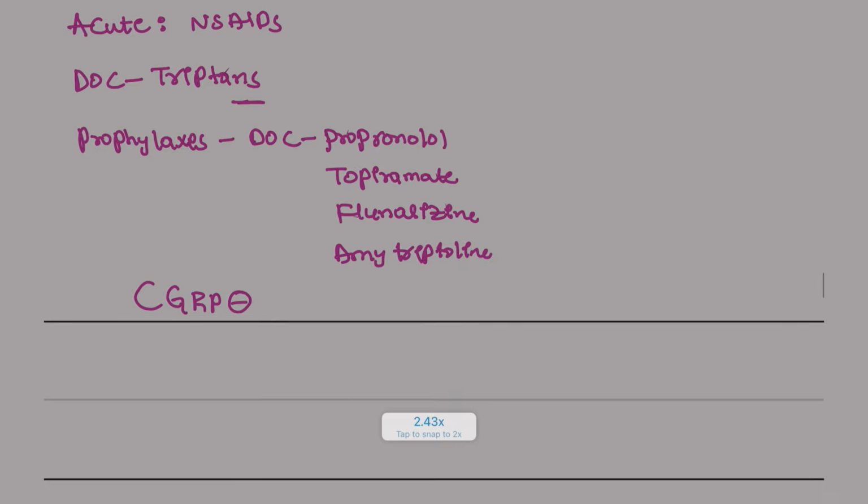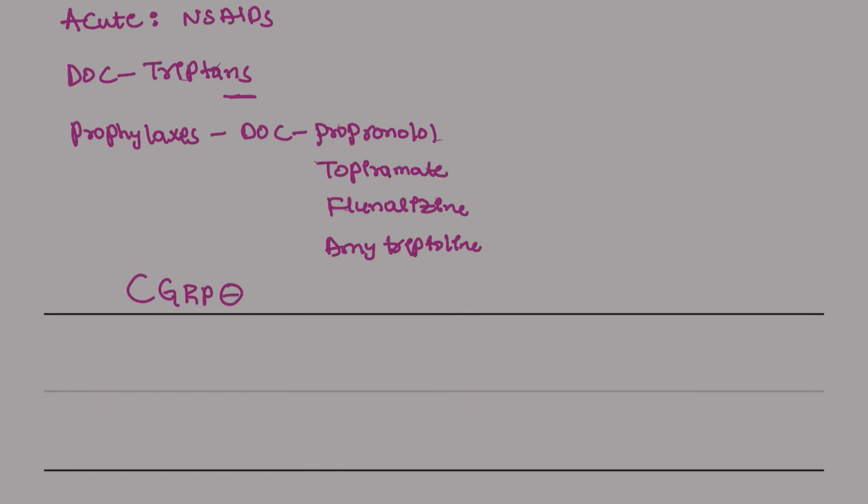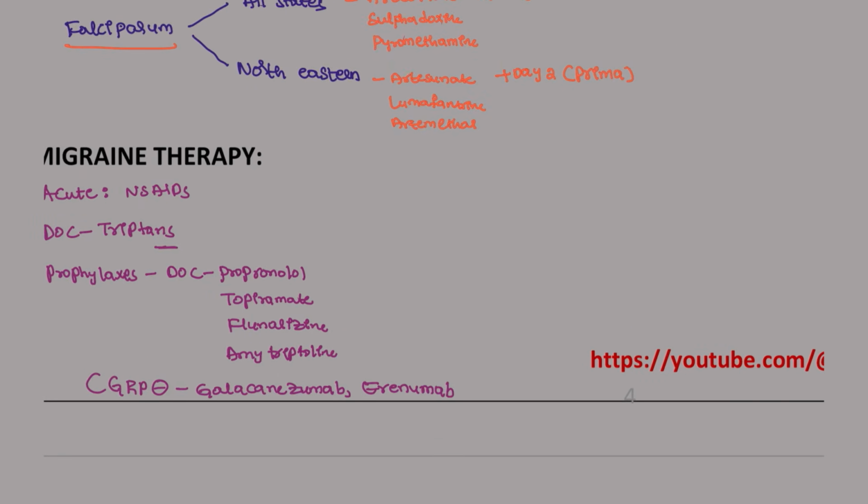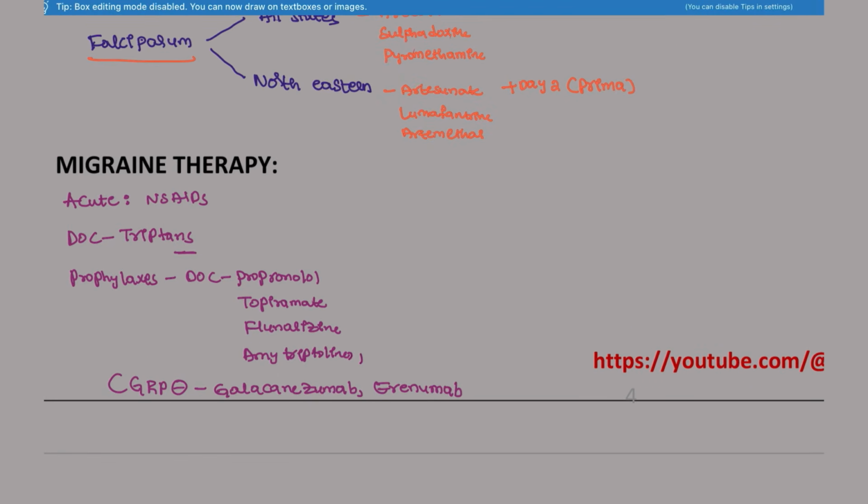These CGRP antibodies are galcanezumab and erenumab. These are the two drugs that we can use as CGRP blockers, and also botulinum toxin can be given.